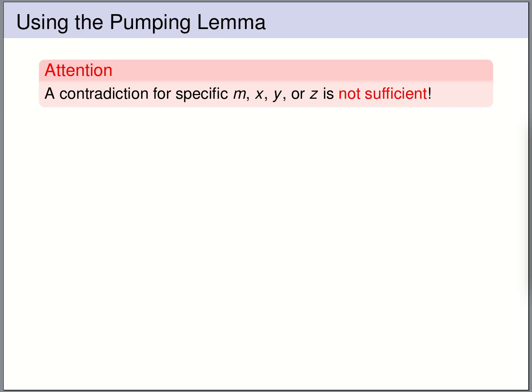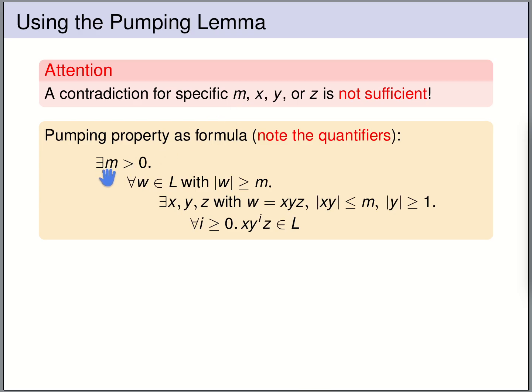If we want to prove that the language is not regular, and we want to show that this language does not have the pumping property, the property guaranteed by the pumping lemma, then it's not sufficient to show that it does not work for particular values of m, x, y, or z. The pumping lemma just says that there exists some m such that the pumping property holds. But we don't know which m, and it could be a very large m.